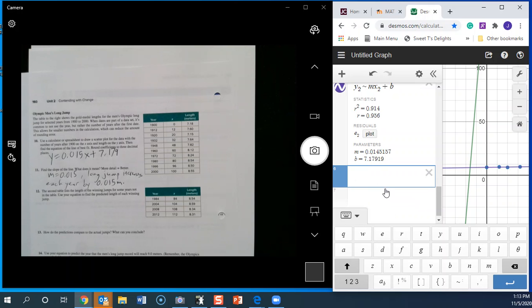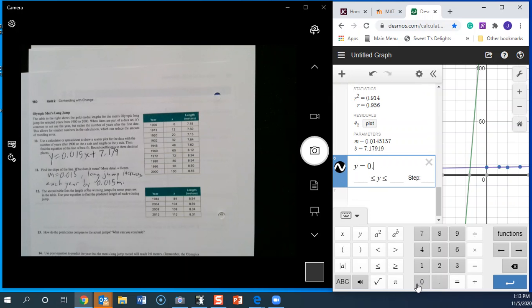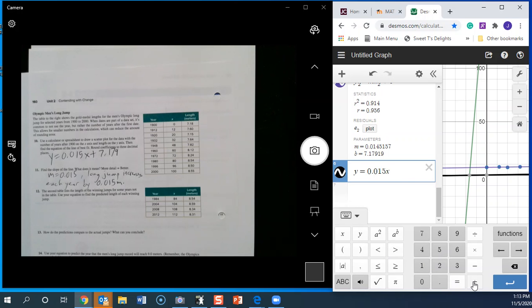So I'm going to show you a little trick with Desmos that will make this a little easier. Just first type out the equation that you had, which is y is equal to 0.015x plus 7.179. Okay, that's the equation we have.